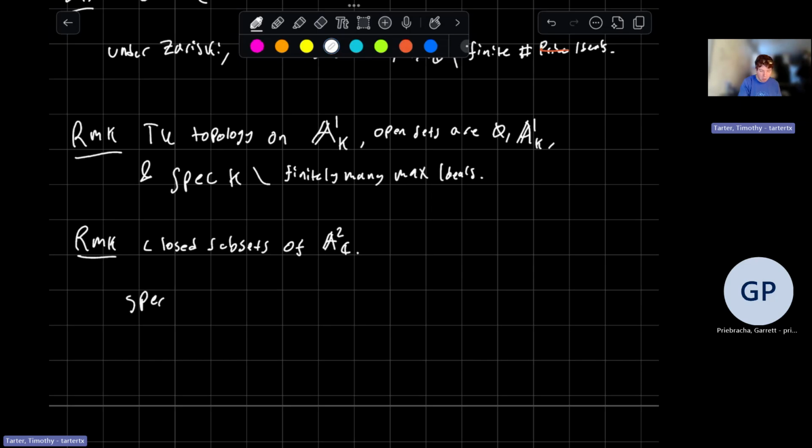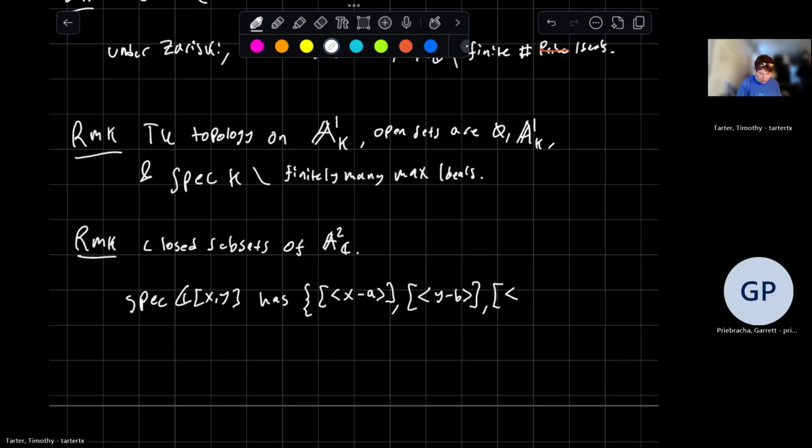So we know that Spec has all of the x minus a's, all of the y minus b's, and then we have the x minus a, y minus b's.